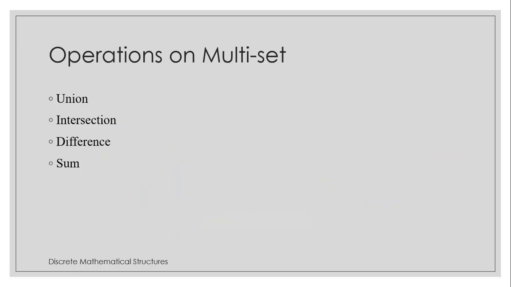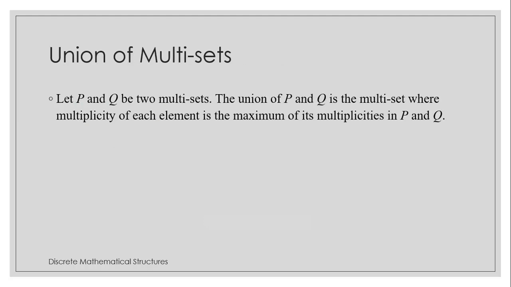There are 4 operations that can be performed on multisets: union, intersection, difference, and sum. We'll look into these one by one. Now let P and Q be two multisets. The union of P and Q is the multiset where the multiplicity of each element is the maximum of its multiplicities in P and Q. For example, we have two sets.